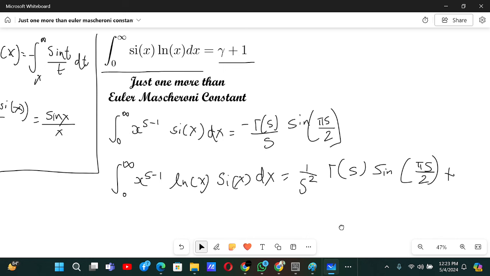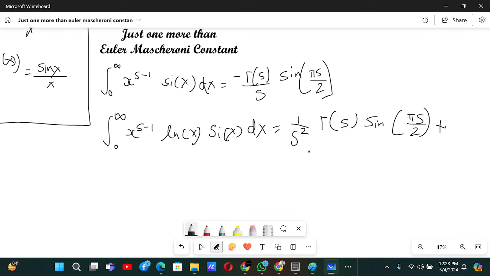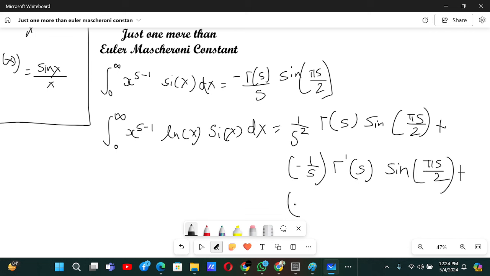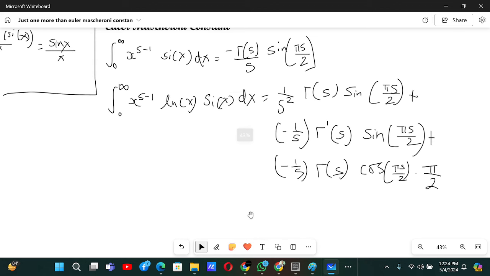Plus, next, minus 1 by s, and now the derivative of gamma is gamma dash of s, and then sin of pi s by 2. And last, minus 1 by s times gamma of s, and now this is cos of pi s by 2 times pi by 2.